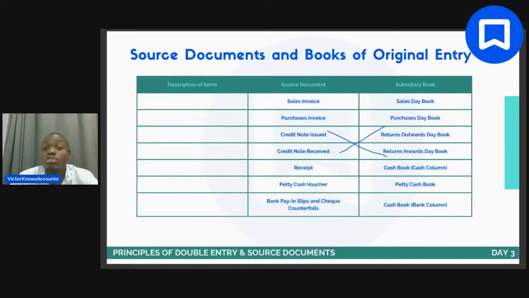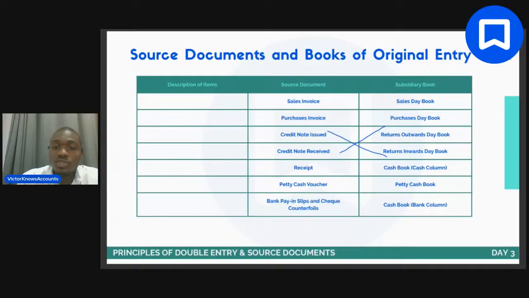When you issue a credit note, it means that somebody has returned goods to you and now you want to correct the overcharge on their account. You want to tell them that because of the goods they have returned, their debt has now been reduced. For returns outwards day book, it is the credit note received. The description for credit note issued will be goods returned, when you receive goods. Credit note received will be goods returned outwards, when you return goods outward. Now let's move to cash book.